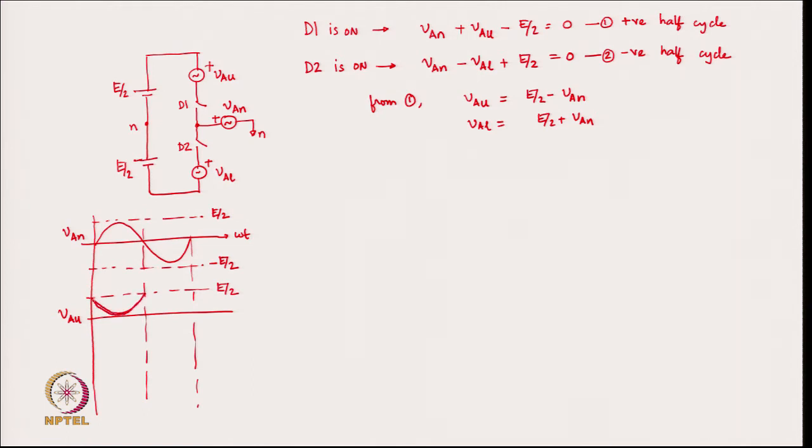So, it is like this, and then D1 goes off. So, D1 is on here and D2 is on here. During the first half cycle the VAU voltage is like this, and in the second half cycle it is completely out of the circuit, and so the VAU voltage becomes flat like this.